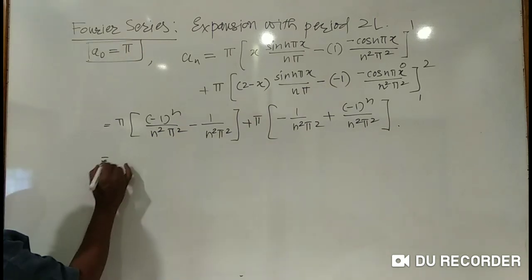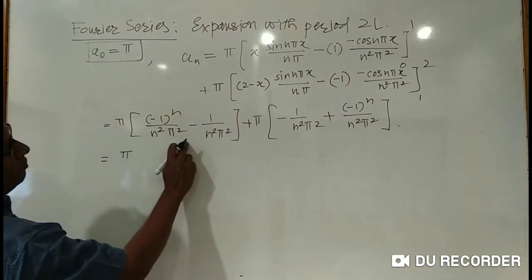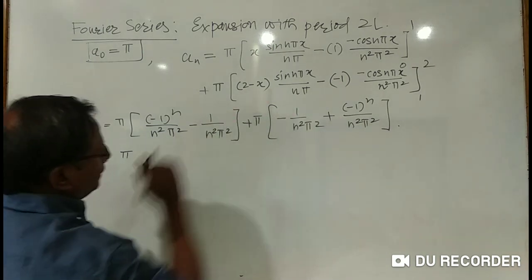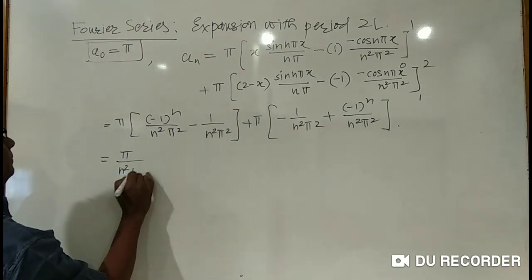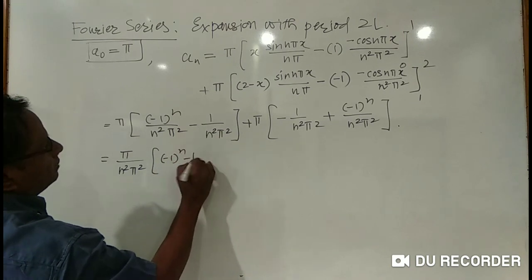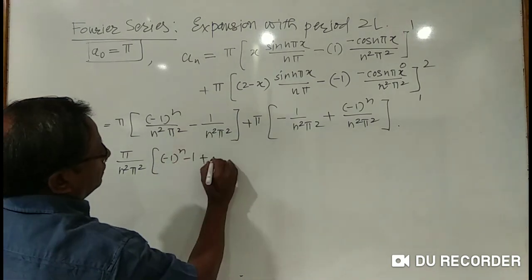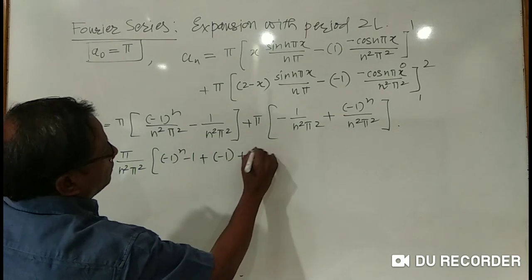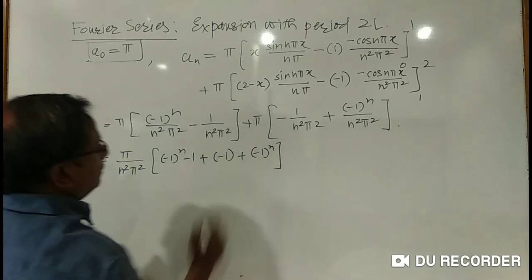Simplifying this, pi upon n square pi square, from every term we can take common out. So here remains minus 1 raised to n minus 1, plus this is minus 1, plus minus 1 raised to n.